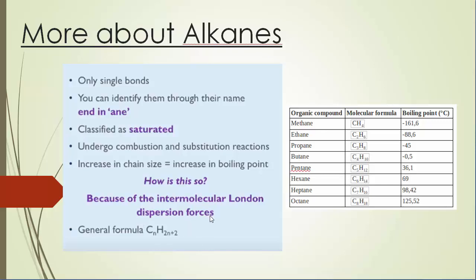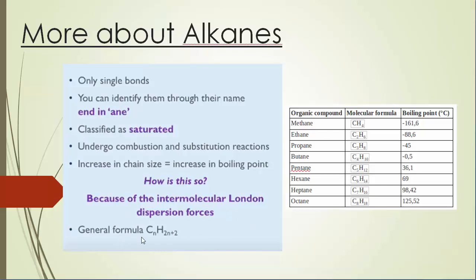We know dispersion forces increase with the mass increase. And if we compare octanes with methanes, we can see the boiling points increase from minus 160 to over 125. This is a huge increase of the dispersion force.